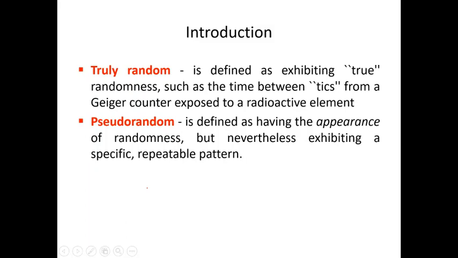So when will a pseudo random sequence look like it is truly random? When the length of the sequence or the time period of the sequence after which it repeats itself is huge. You can't comprehend how big it is, so that you will not see the repeatability.